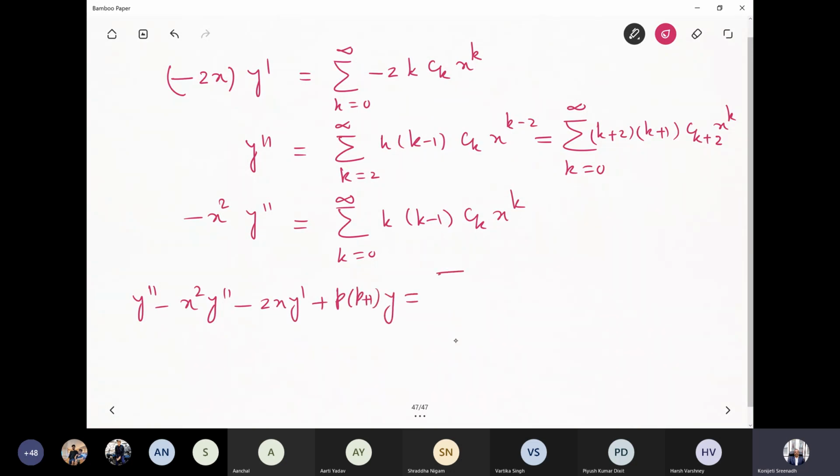So if I substitute everything in this, I get the summation k equals 0 to infinity. From y double prime I will take the first term, because I need x power k.